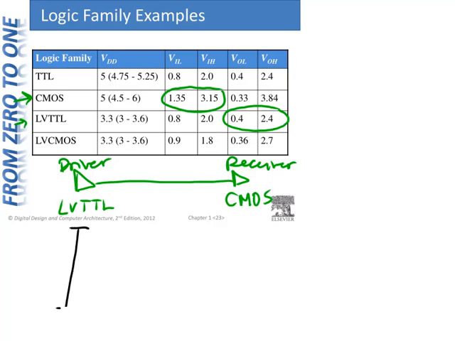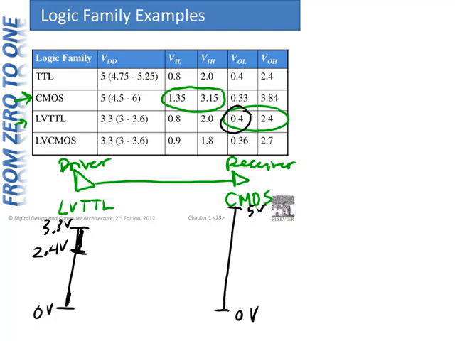Okay, so we'll draw these here. We have low voltage TTL, the output characteristics, nominally 3.3 volts to 0 volts, and CMOS nominally 5 volts to 0 volts. Low voltage TTL, worst case voltage output high, worst case output high value is 2.4 volts, and worst case output low, VOL, is 0.4 volts.